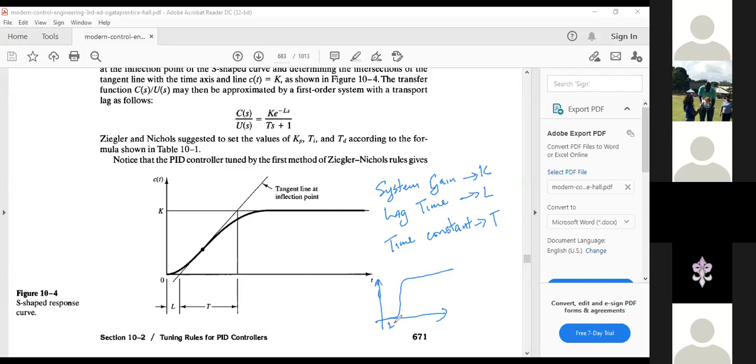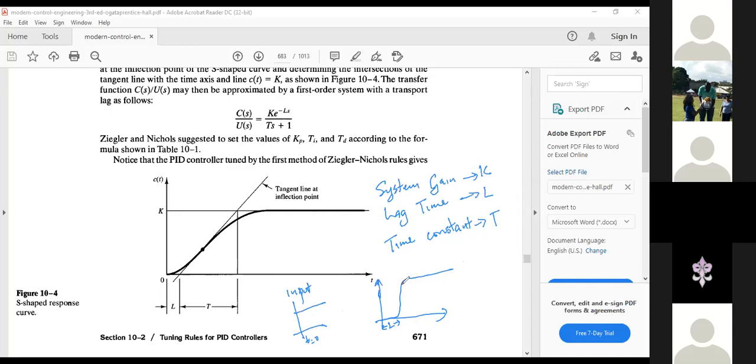The lag time is the time it takes the output to respond. So this is my input. At time t equals 0, it goes to a value. There's a delay or a lag before the system responds, and that time is L.